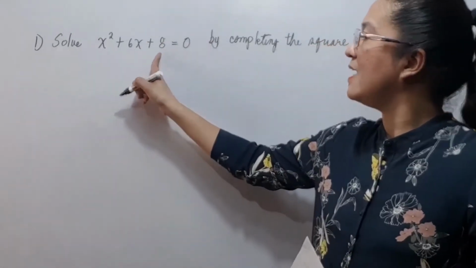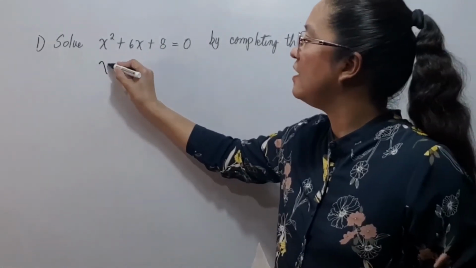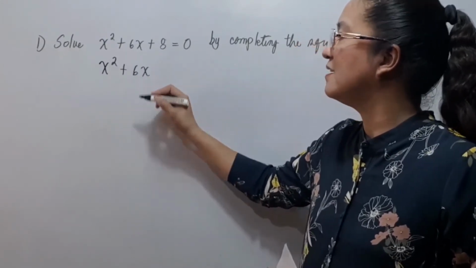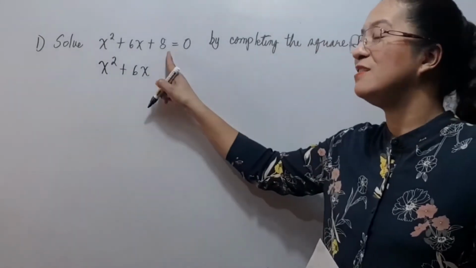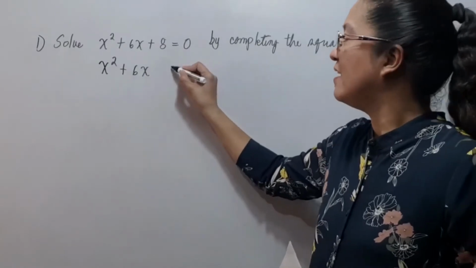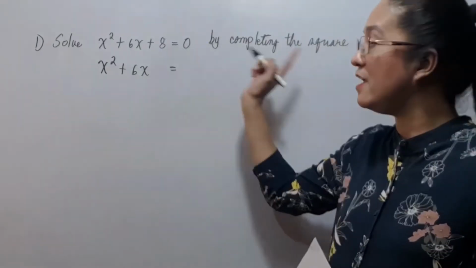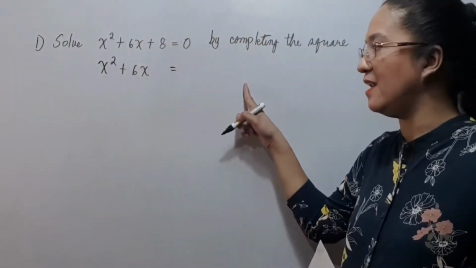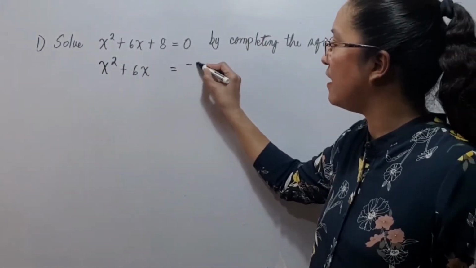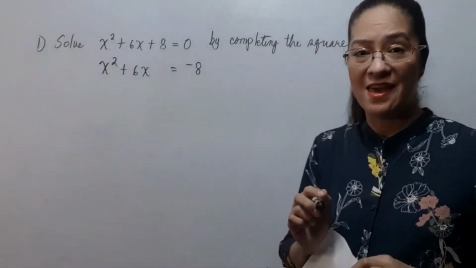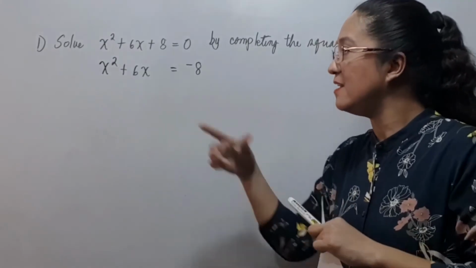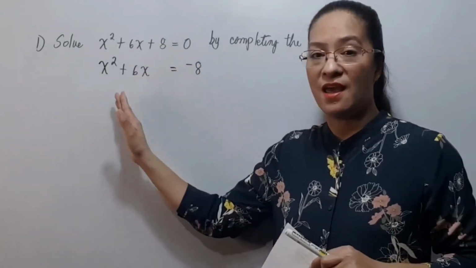So if we add negative 8 to the left, mangyayari dyan ay x squared plus 6x. At yun nga, 8 plus negative 8 is 0. So na-eliminate. Is equal to, kung ano yung ginawa mo doon, gawin mo sa right side. So, add negative 8 here. So, 0 plus negative 8 is negative 8. Ayan. Okay, natanggal natin yung constant term sa left.